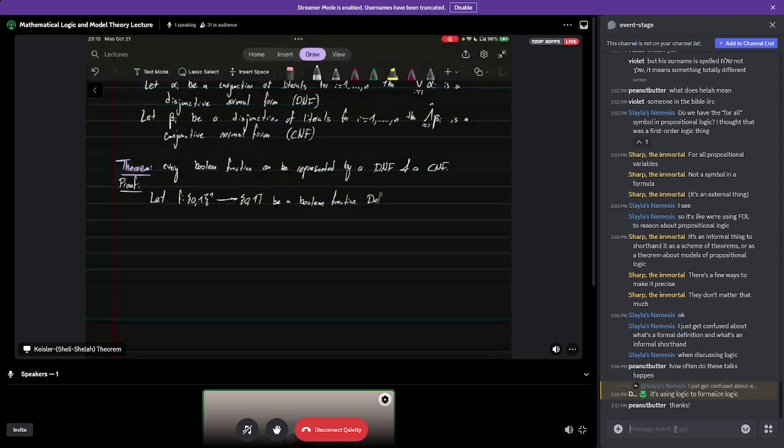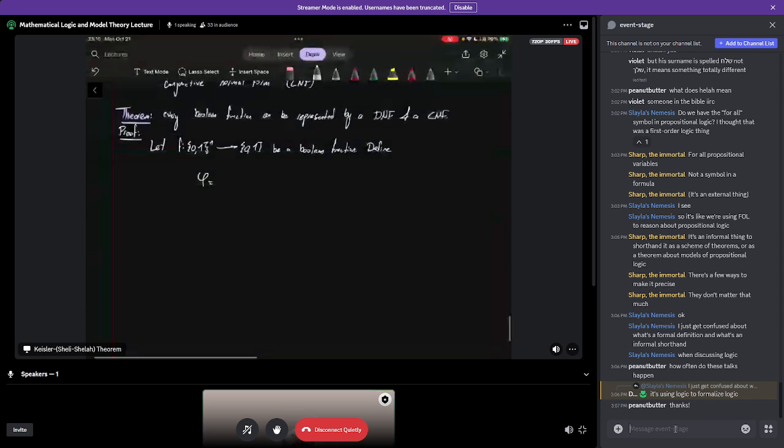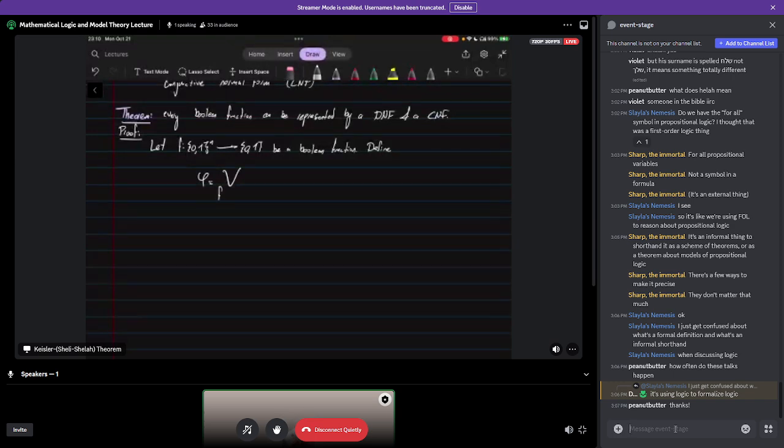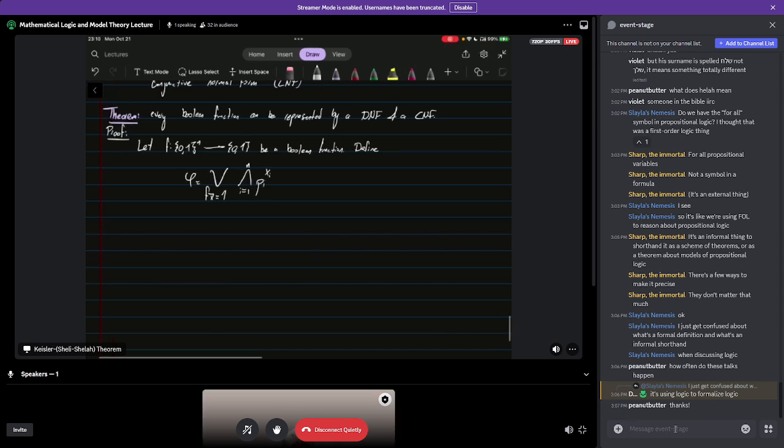And we're going to define phi to be equal to the disjunction over all the vectors x such that f of x is equal to 1, and then the conjunction over i equals 1 to n of p_i to the power of x_i. What does p_i to the power of x_i mean? Where p to the power of 1 is equal to p, and p to the power of 0 is equal to the negation of p.